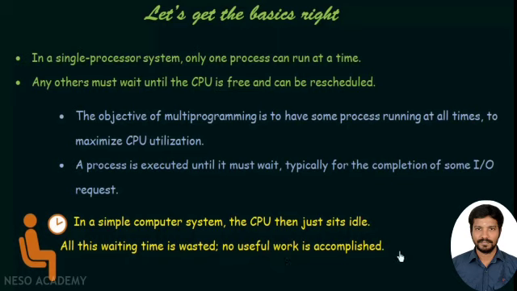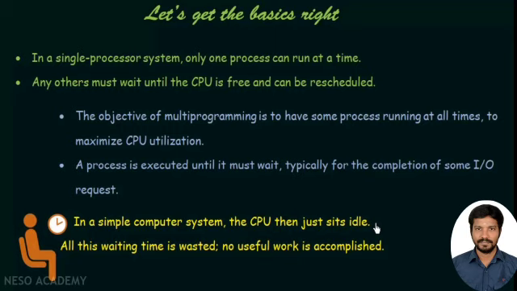So when a process is in hold of the processor and, while its execution was being done, needed some I/O request to be complete, then it has to wait for that I/O request to be complete. While it is waiting, it is still having that processor with it, but the processor is not being used at that time. So the CPU is just sitting idle, and all the time that it is sitting idle is wasted because nobody is using the CPU.